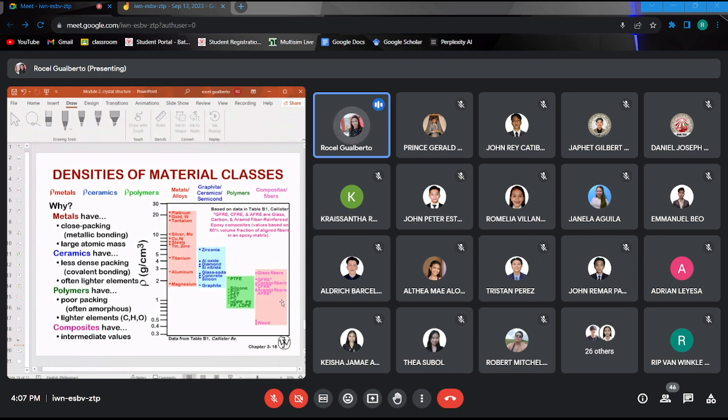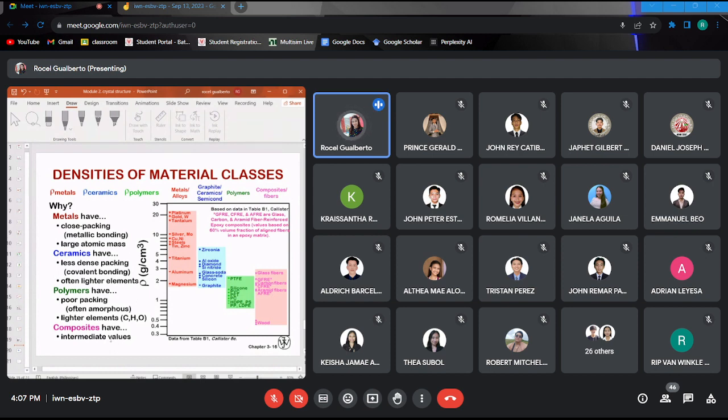Okay, so why intermediate values? Because their values vary depending upon doon sa materials na pinagsama mo sa kanya. Okay? Again, be reminded that these composites, these are combinations of any of these three. Okay? So, 2 or 3 na pinagsama-sama mo nitong tatlong ito. Okay? Yun po yung composite. So, depende po sa pinagsama mong material, yung kanyang value.